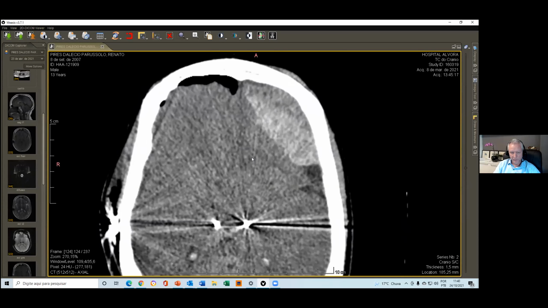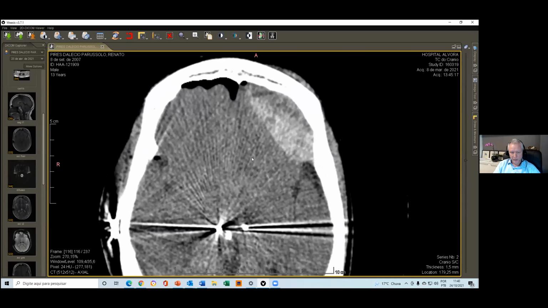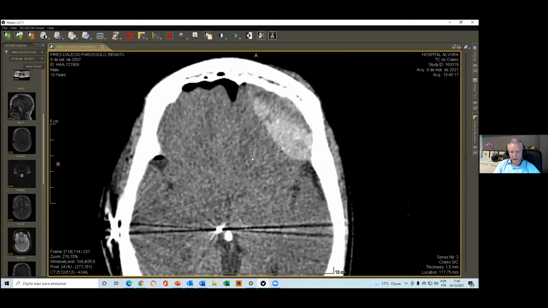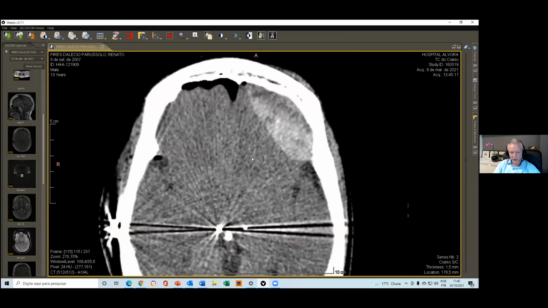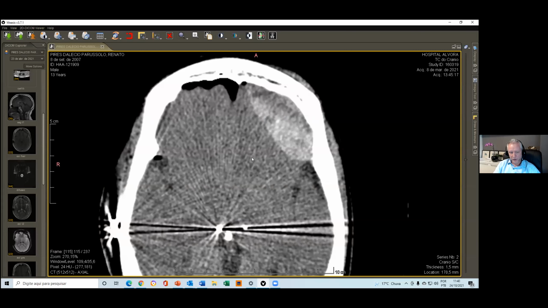Look at the left. You see the left electrode is a little bit lower than the right. The right one is near the pretectal area, and the left one appears to be a little more anterior.